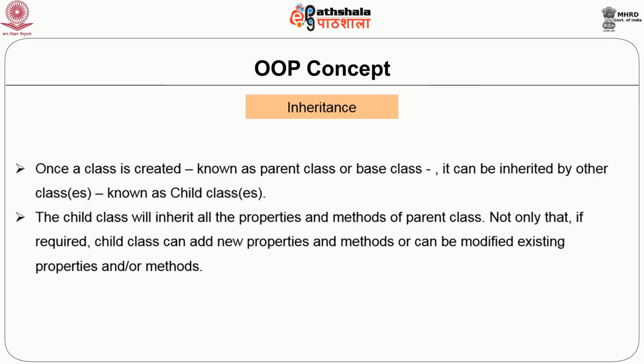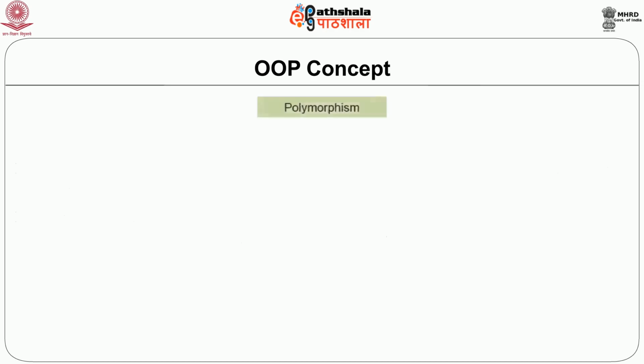Not only that, if the child class wants to modify the existing properties and methods of the parent class, it can modify them, as well as add its own attributes and methods. So this is inheritance.